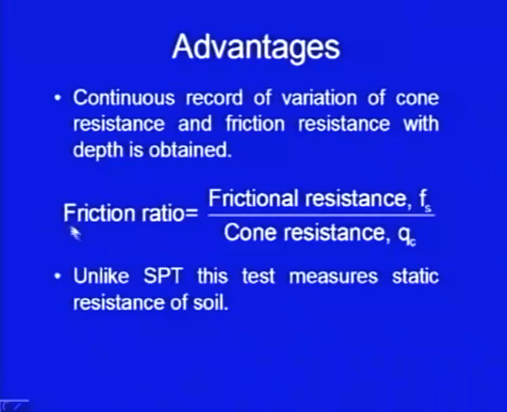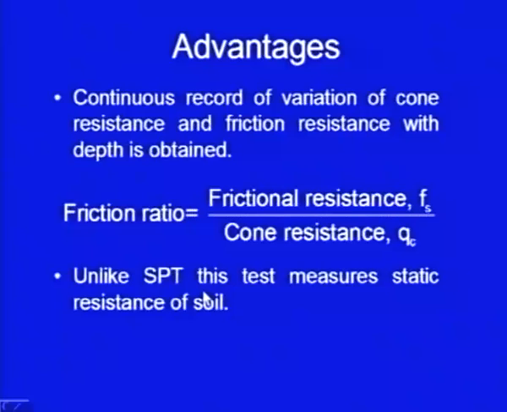This is a term which is generally used sometimes in the literature. The friction ratio is defined as frictional resistance Fs upon cone resistance Qc. Now, another advantage of this test is that unlike SPT, this test measures static resistance of soil.